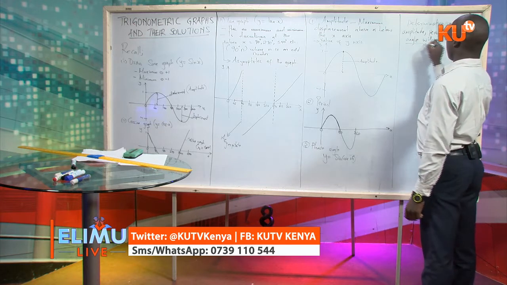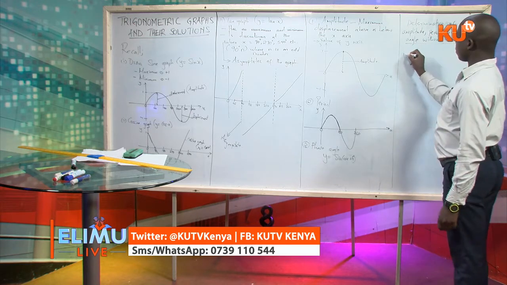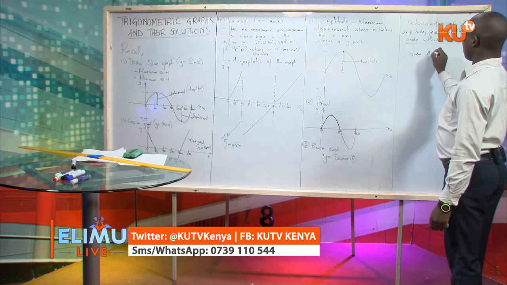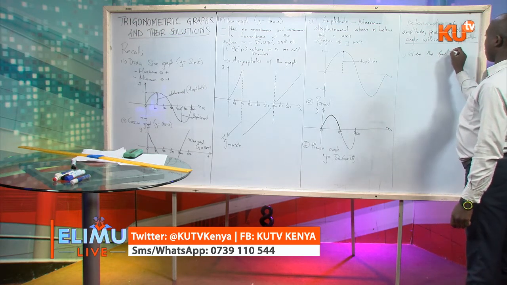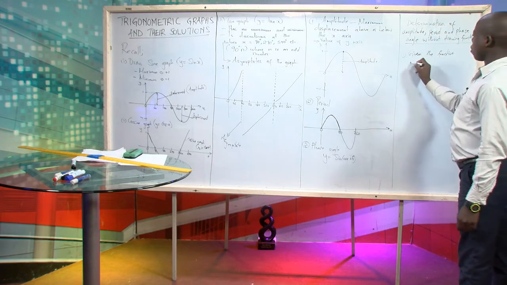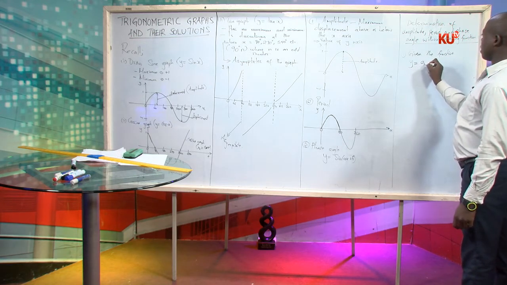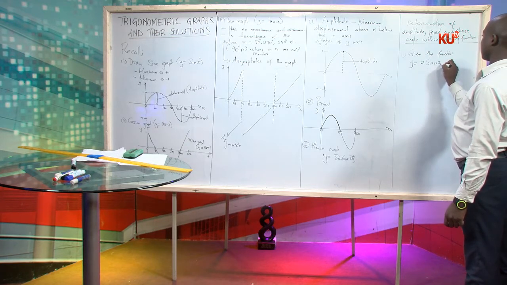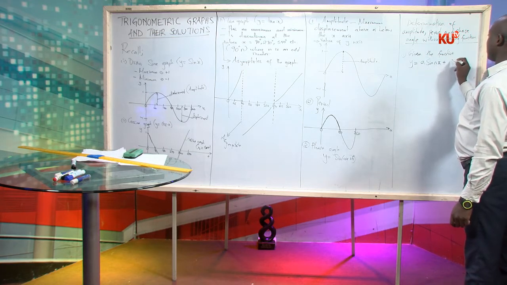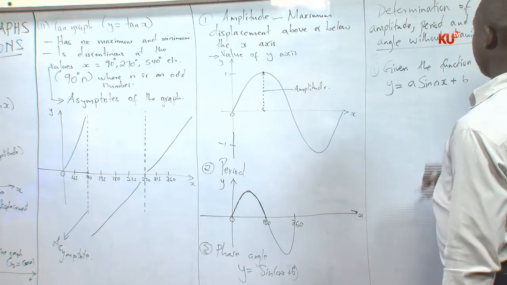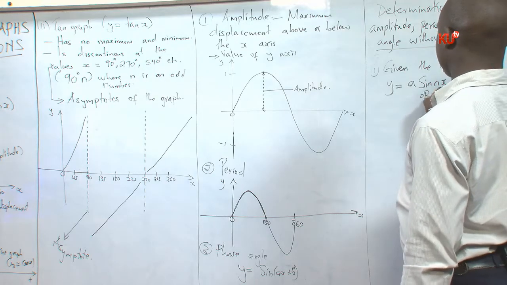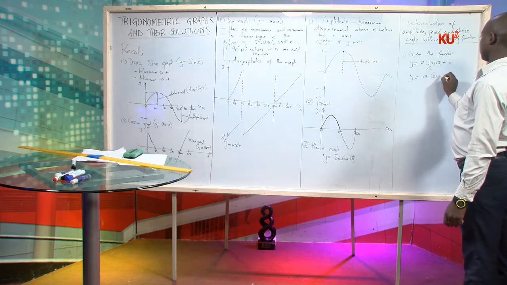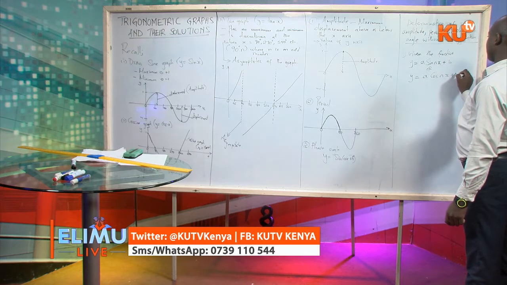So if we are given a function, y equals a sine nx plus b, or y equals a cos nx plus b.